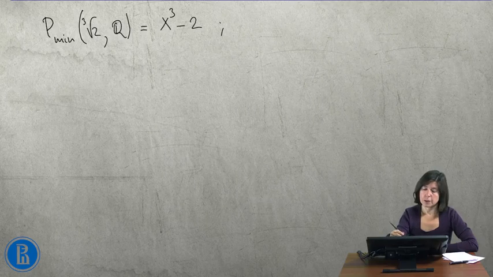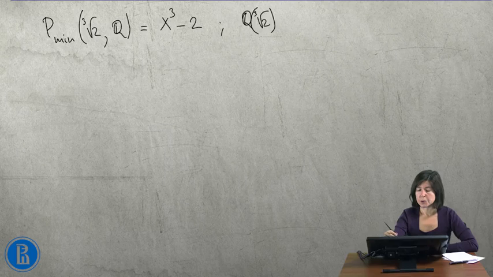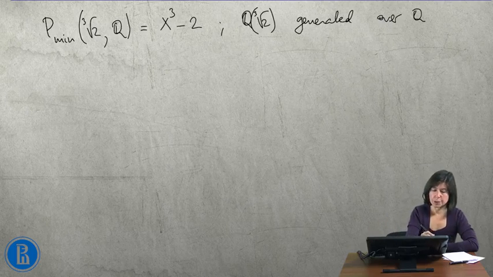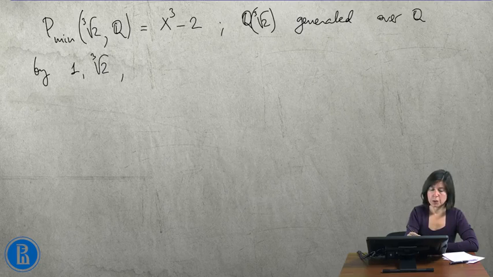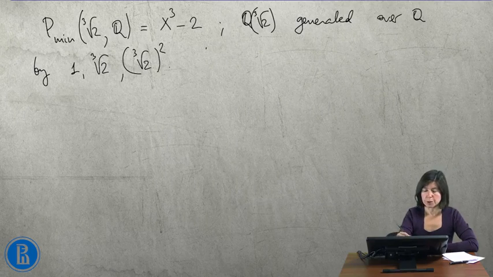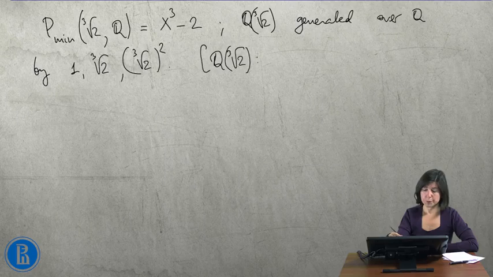And so Q(cubic root of 2) is generated over Q by linearly independent elements 1, cubic root of 2 and cubic root of 2 squared. So the degree of Q(cubic root of 2) over Q is equal to 3.